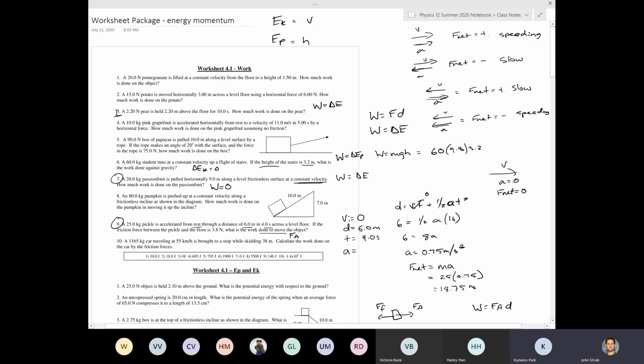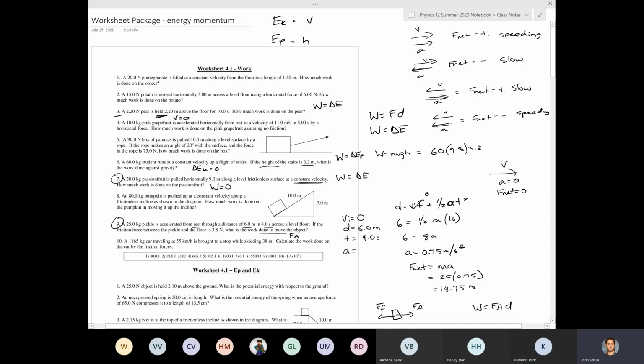But for 3, it's changing the velocity, right? Because the force is applied. For number 3? No, because there's nothing about change. It's just being held there. It's being held above the floor. Oh, okay.